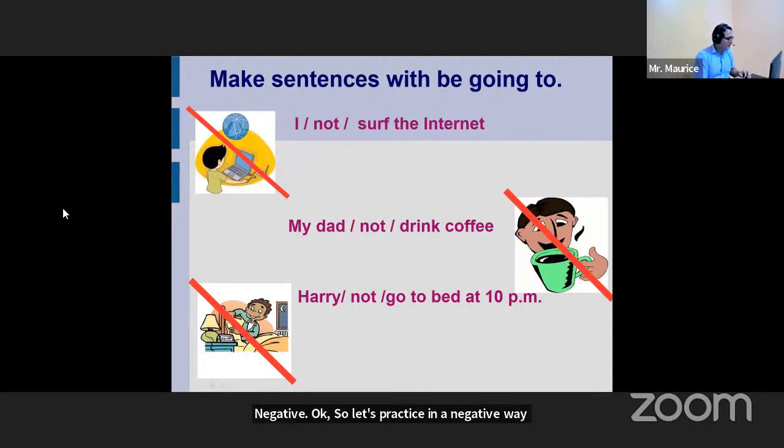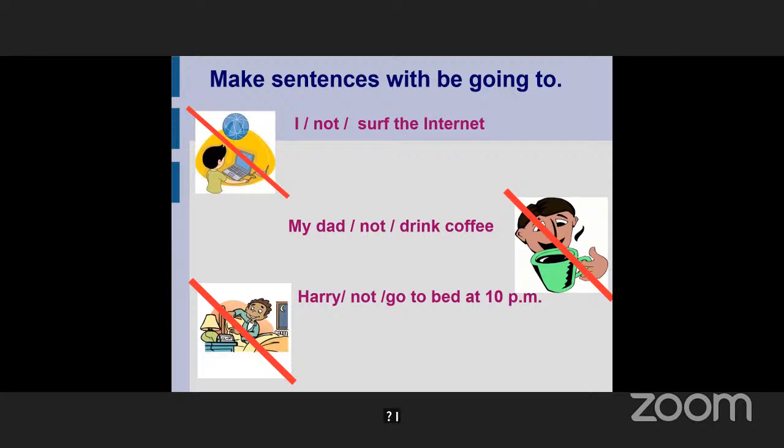I'm going to pick up another students to help me out. Let me see. Jocelyn, could you please help me with the number 1? I am not going to surf the internet.